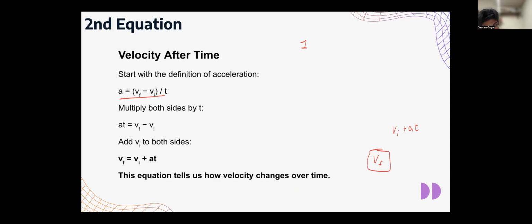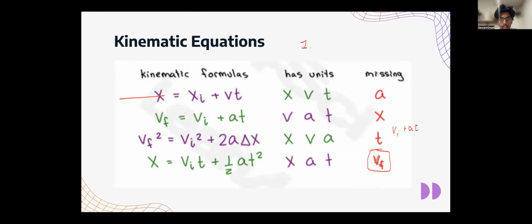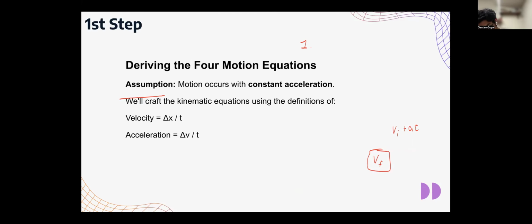I know this seems a bit confusing, so let's go over this once again. Since it's showing like this, our first step will be the equation we were given back over here. We have acceleration is equal to delta v over t. This is what we are given right here, and we kind of understood it, right?